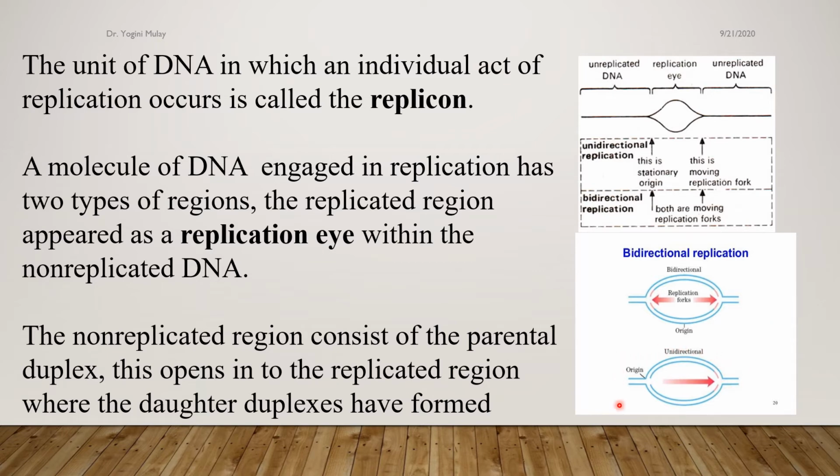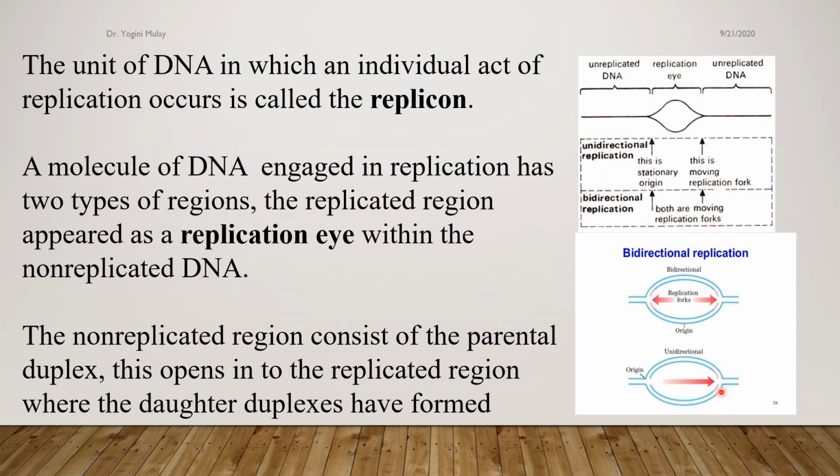If it had been unidirectional, then there would be only one starting point. From here, the replication fork will move further. So this is known as the unidirectional mode of replication.